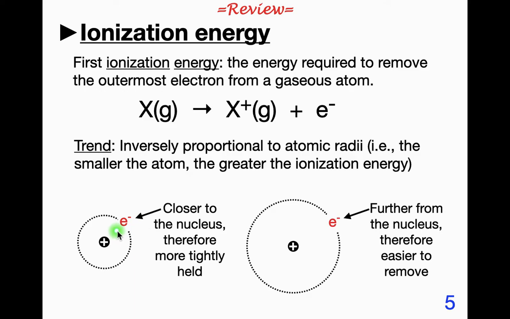So when we try to compare ionization energies between atoms, we really just need to go back to the atomic radius. Whichever is the smaller atom would have the higher ionization energy, because it would take more energy to remove that electron. The larger the atoms, the easier it'll be to remove an electron.